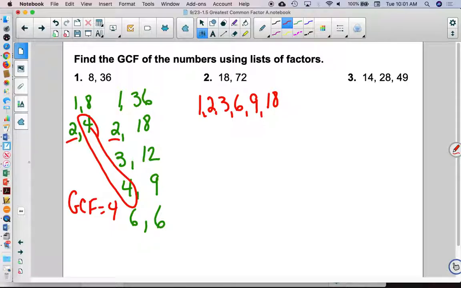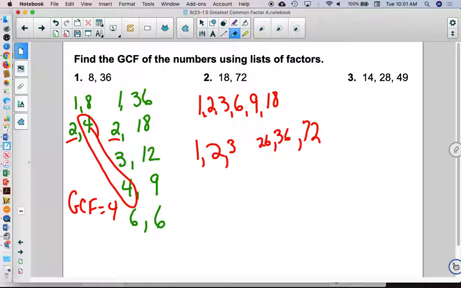And then when we get to 72, we say 1 and 72, 2 and 36, 3 and 26, is that correct? No. 3 goes into 72 twenty-four times. 3 and 24. You're right.